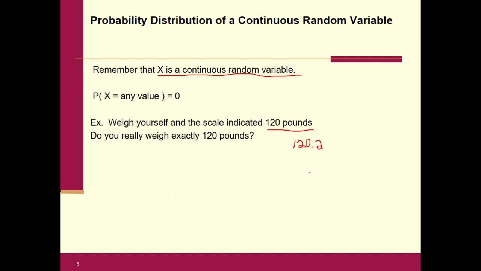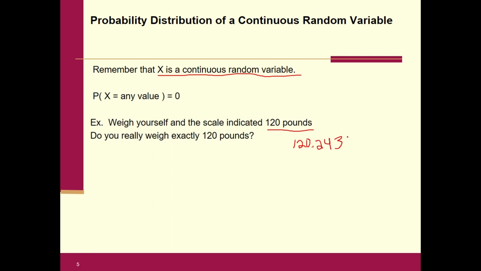You go, okay, that's reasonable. But did you weigh exactly 120.2? Probably not. Let's say your scale could take this out another decimal place. Probably it couldn't, but let's say it did. Did you weigh exactly 120.24? Probably not.